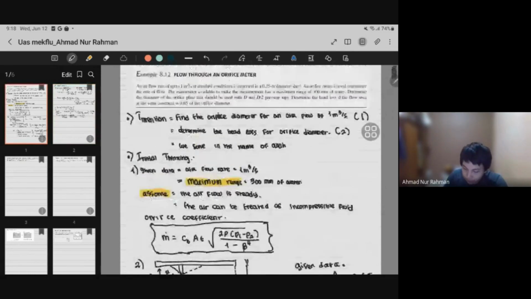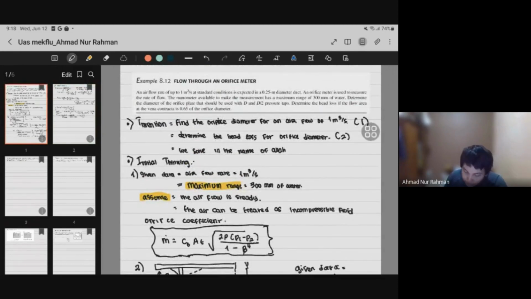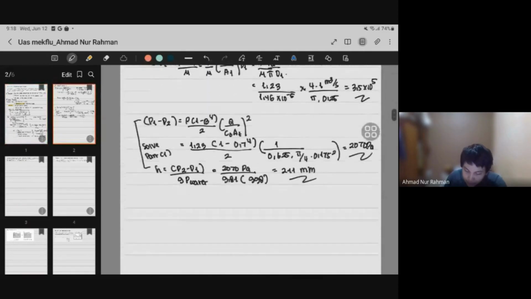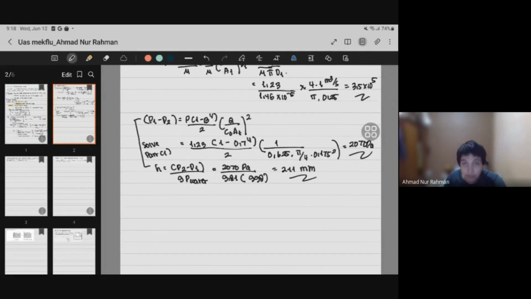If you all forget, part one is this: find the orifice diameter for an airflow at 1 cubic meter per second. So the pressure we get is 2070 Pa and the height is 211 millimeters.